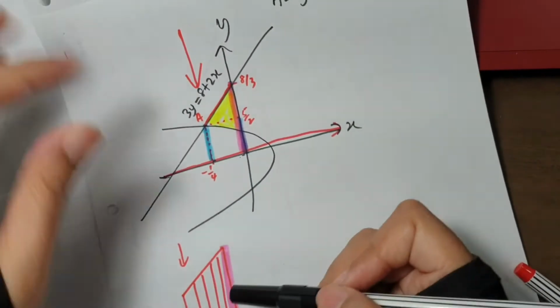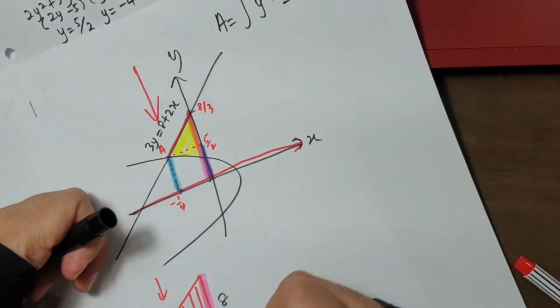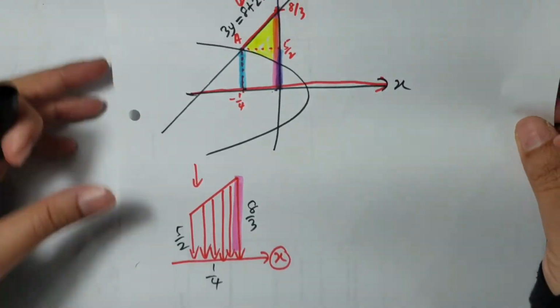So here is 8/3. Later we use the area of a trapezium.